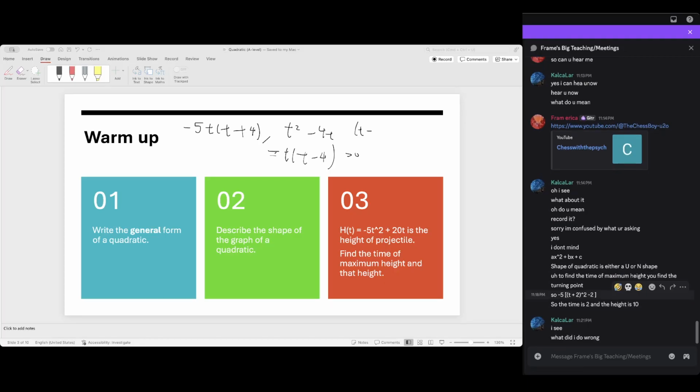So what you may have done is 2 plus 2 squared, 16 minus 2.